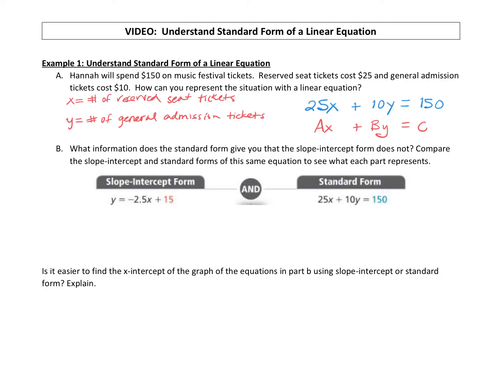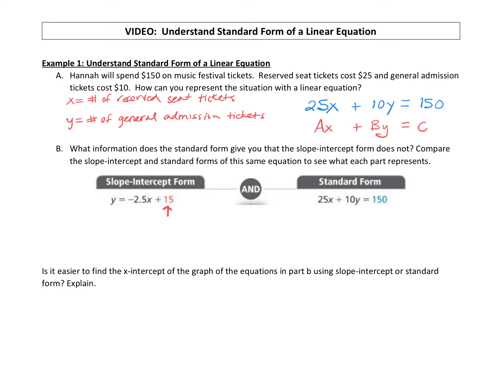So in slope-intercept form, what we get is that y-intercept right there. In this case, what the y-intercept represents is if the x was a 0, this negative 2.5x term would go away. So if x is a 0, that means that the number of reserved seat tickets she's buying is 0, which tells us that the y, the number of general admission tickets she's buying, is 15.